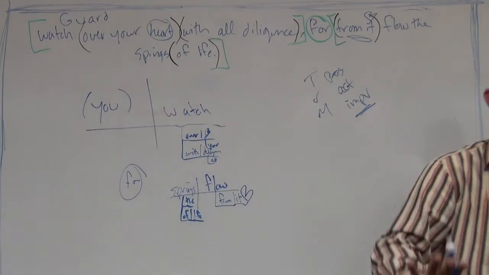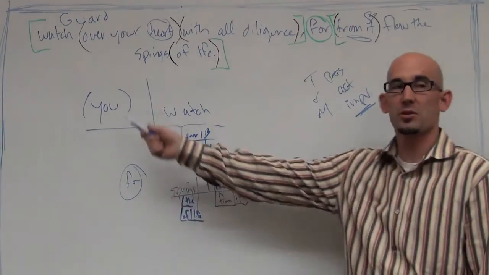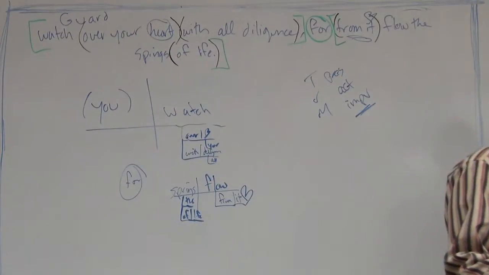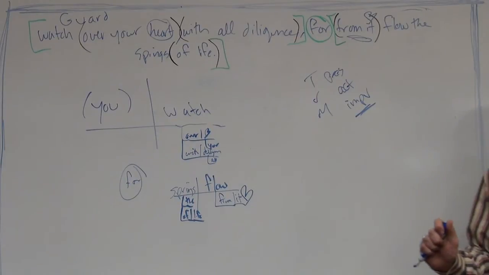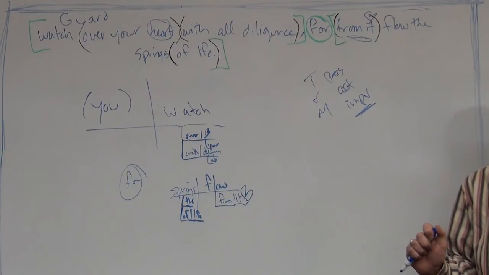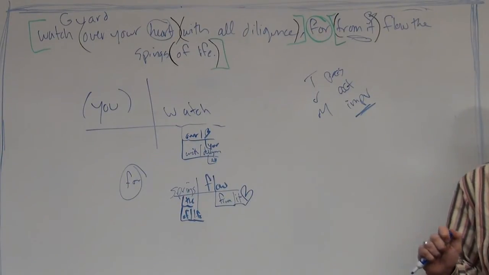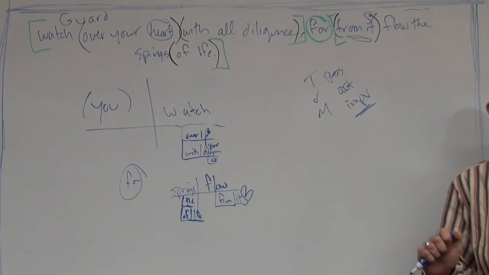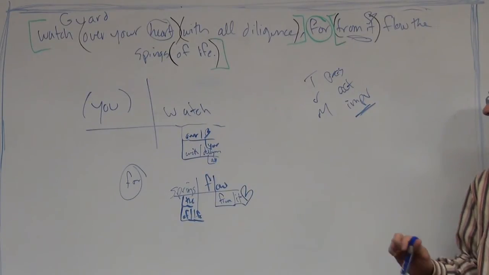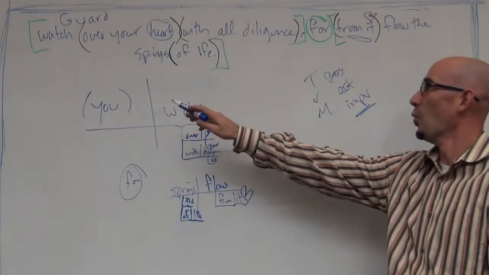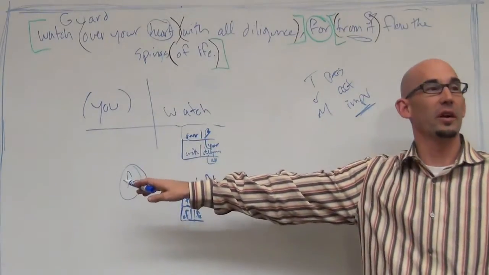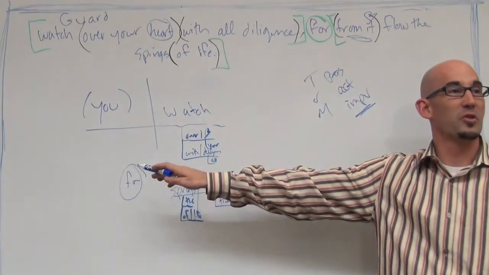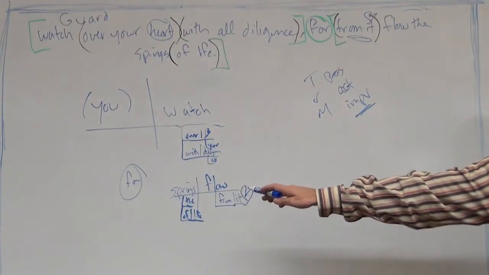Do you see a category there that describes this relationship? Causal, maybe. Result or explanatory. Explanatory. I think it's explanatory. It's explaining why this command. Why should I watch over my heart? Because, for the springs of life flow from it.